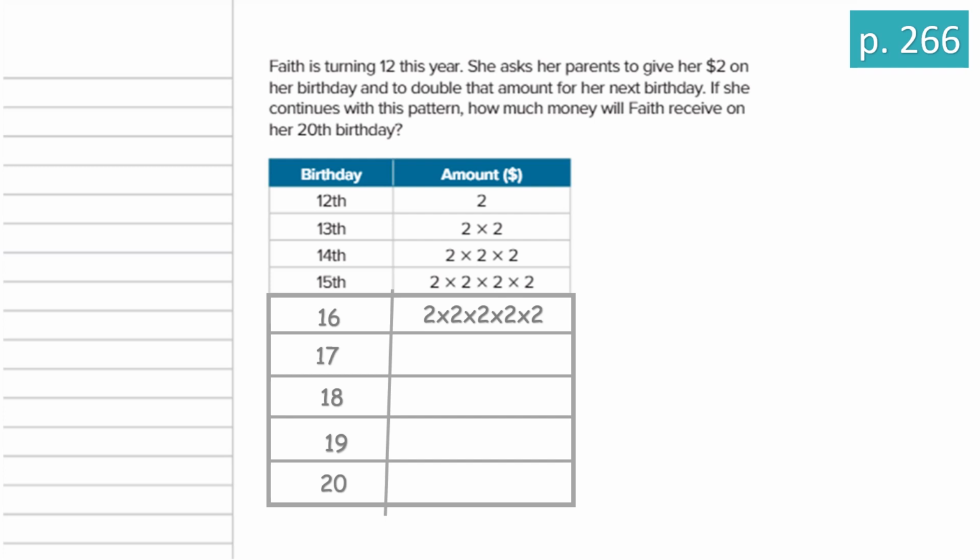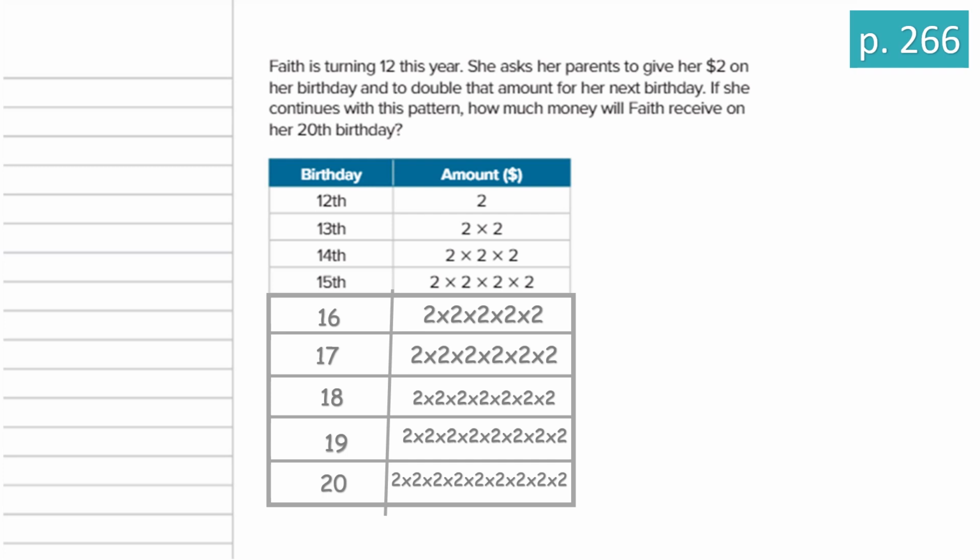So now on our 16th birthday, we're going to multiply by 5 twos, or we would have an exponent of 5. On our 17th birthday, we're going to have an exponent of 6. On our 18th birthday, we're going to have an exponent of 7, and then of 8, and then of 9. So we have 1, 2, 3, 4, 5, 6, 7, 8, 9 twos that we multiply together.